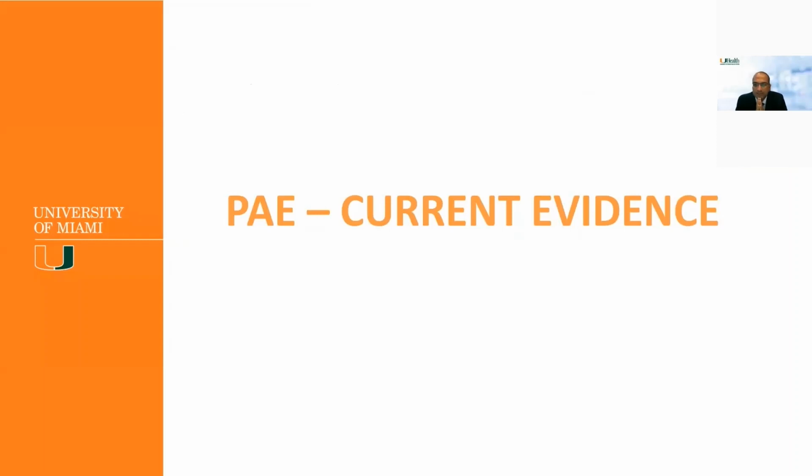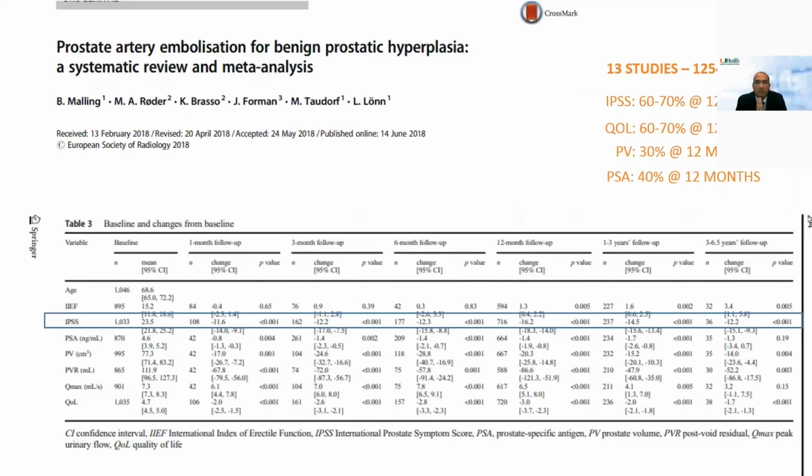So what about the current evidence? What do we know about prostate artery embolization, looking at the entire literature? I'm going to keep it very simple in the interest of time and share a couple of meta-analyses. This one is from 2018, which includes 13 studies with over 1,254 patients, and showed IPSS score improvement between 60 to 70% over time, more like 70% at 12 months.